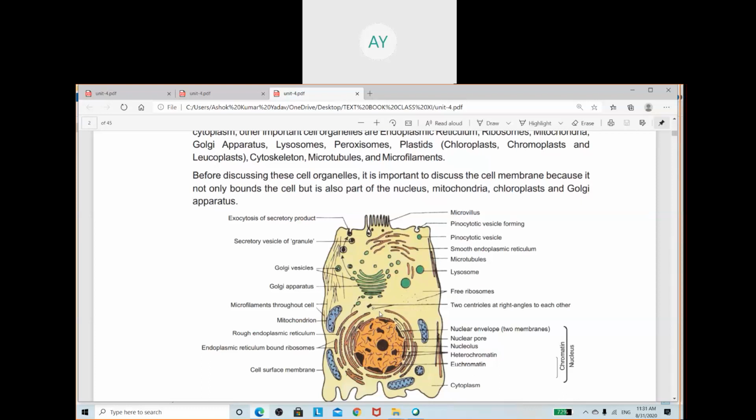Then other functions, that is the distribution of nutrients through blood from the heart to all the parts of the body, and carrying oxygen through hemoglobin. So different organs have different functions. So this is the meaning of the word organ. Organs have definite functions present inside the human body or any living organism body.